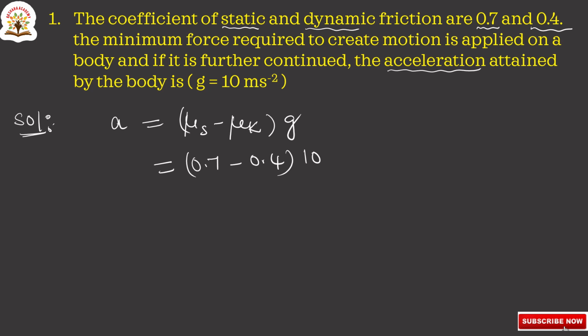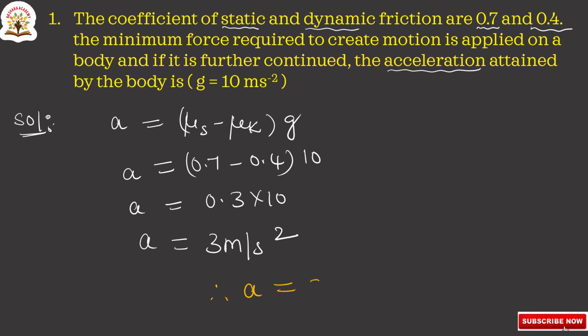So A equals 0.7 minus 0.4, 0.3 into 10. So that implies A equals 3 meters per second square. Therefore, acceleration attained by the body A equals 3 meters per second square.